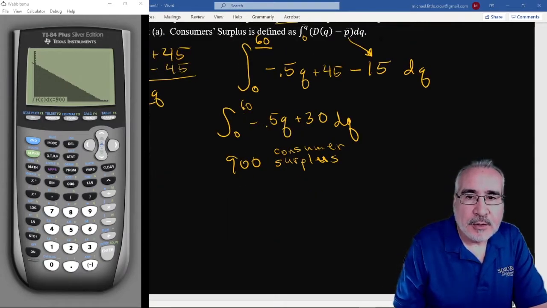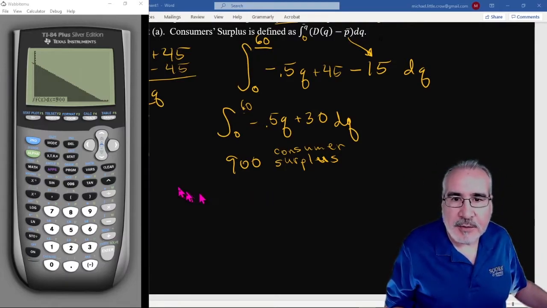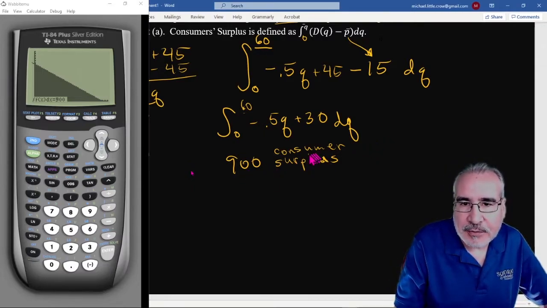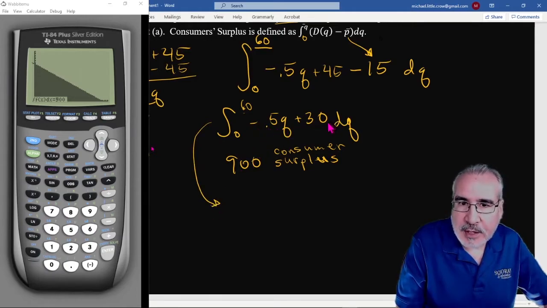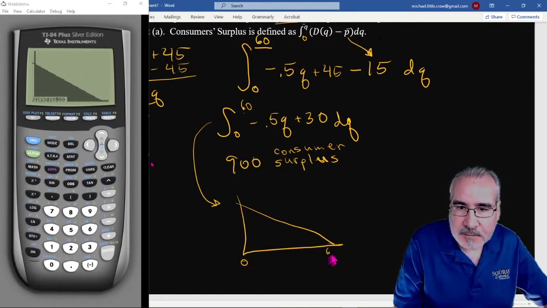So with our surplus, if it's just a question in the fill in the blank or something, we're done. Just fill this in. If it's a free response, the one additional thing, again, you could work this out by hand. I want to see your work, or you can draw this and just label, 0 to 60.